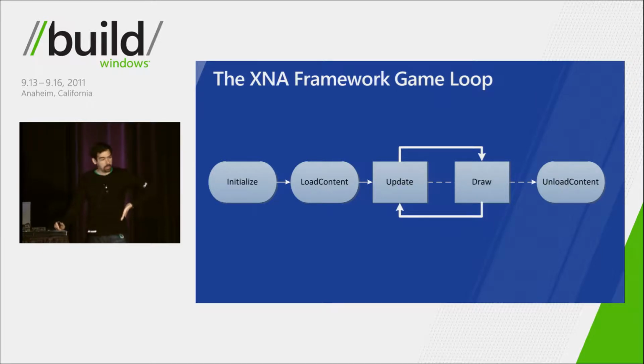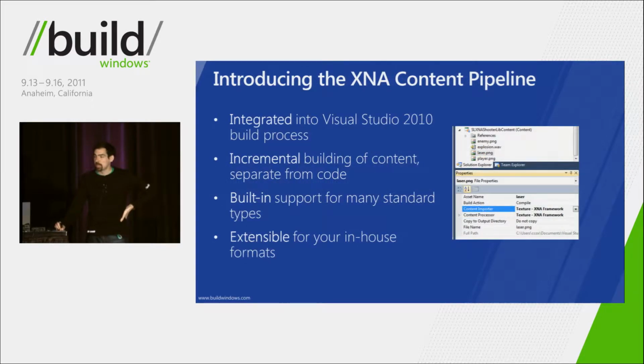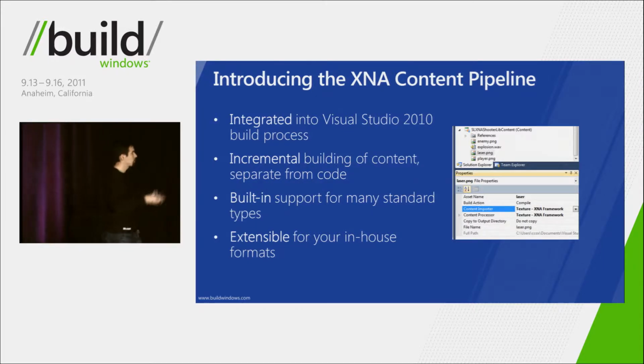Though anything loaded through the Content Manager is handled quite gracefully, and we can talk a little bit about that as well when we move into the XNA Content Pipeline, the second piece of the XNA ecosystem. The XNA Content Pipeline is a set of extensions that are integrated into the Visual Studio 2010 build process.